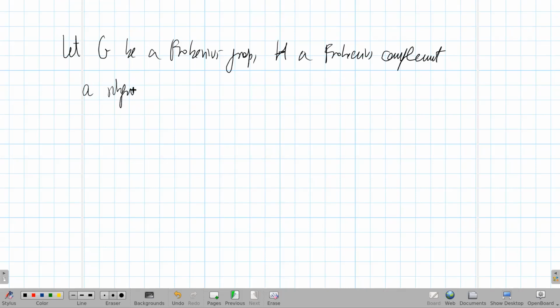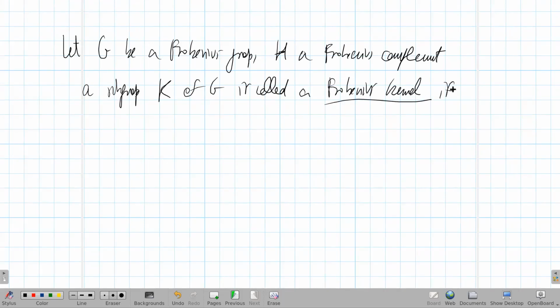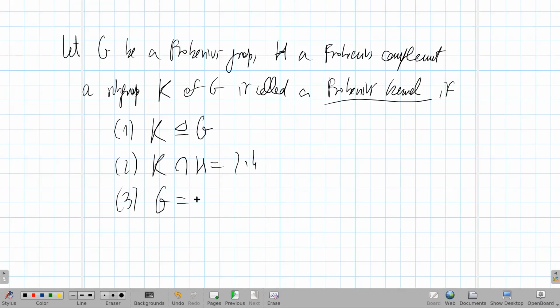Okay, then a subgroup K of G is called a Frobenius kernel if the following hold: 1, K is normal in G, okay? And let's put it like this, 2, K intersect H is trivial, and 3, G equals HK.